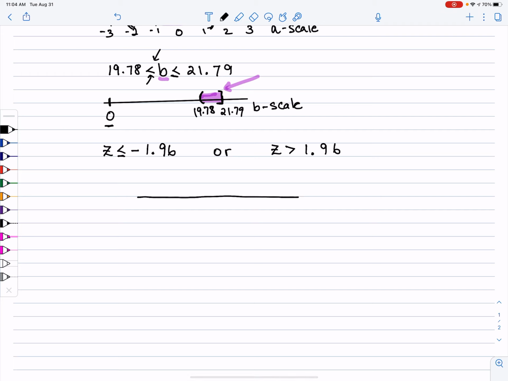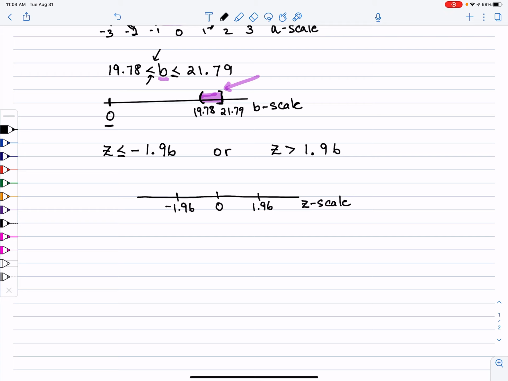So when we graph it, we're going to add 0 to this number line, which is a Z scale. We're going to label 1.96 to the right of 0 and negative of that, negative 1.96, to the left of 0.